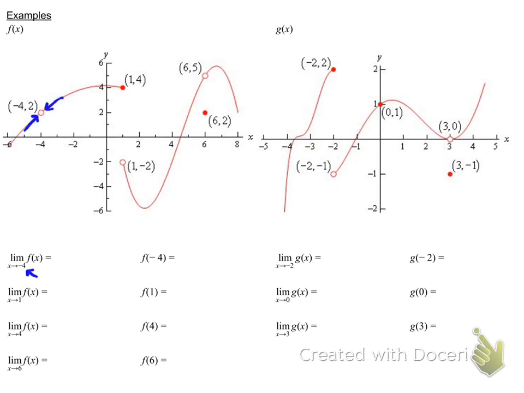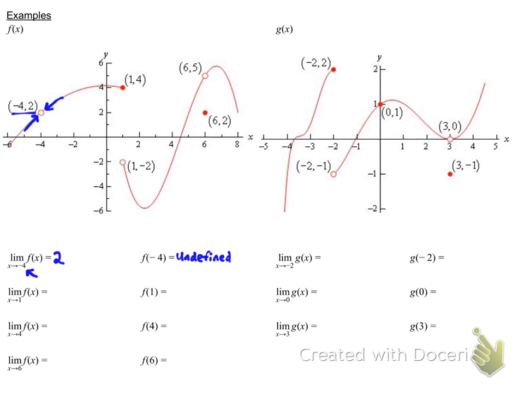So we're getting closer and closer to the y value of 2. So we're going to put that the limit is 2. However, the function itself at -4 does not exist because there's a hole there. So we need to say that f of -4 is undefined, because there's a hole and there's not a value at that point.